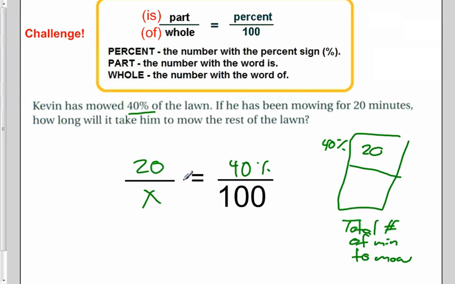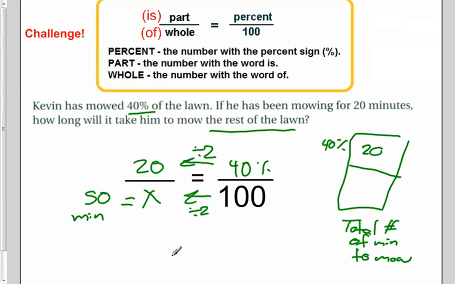Now, we can do a side-to-side relationship here, so that's nice. We always go towards the x. So to get from 40 to 20, we'll divide by 2. 100 to x, we will also divide by 2, and x will be equal to 50. So it will take 50 minutes to mow the entire lawn. But let's get back to what the question is. How long will it take him to mow the rest of the lawn?